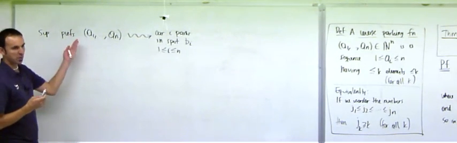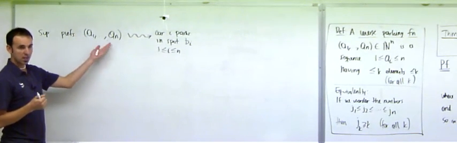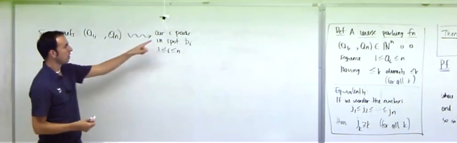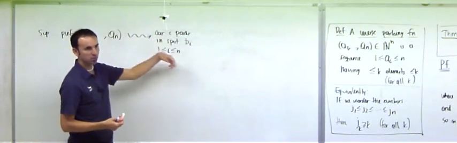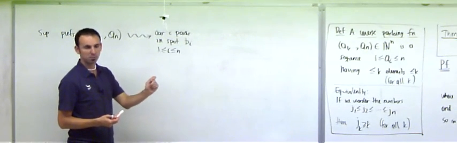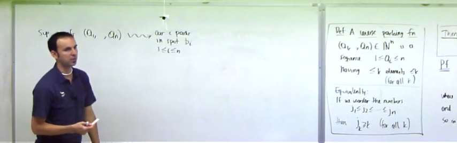So if the incoming preferences are A1 up to AN, then I'm going to say that the outcome of this procedure is that car 1 parked in spot B1, and so on. So I'm basically labeling B1 as the spot where 1 parked, B2 as the spot where 2 parked, and so on.